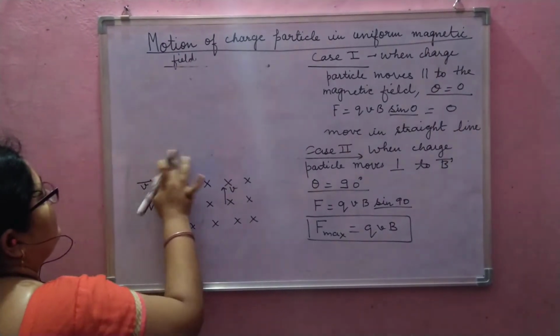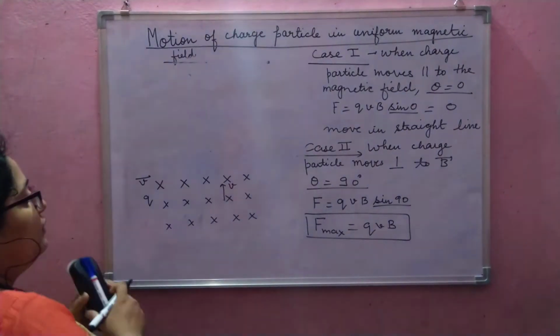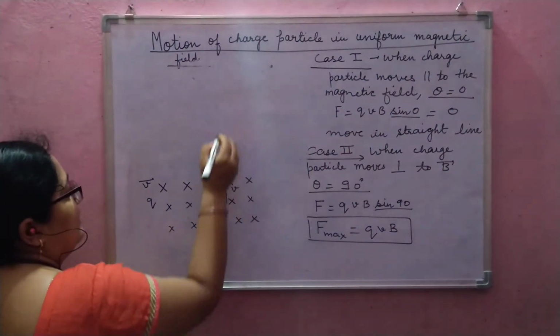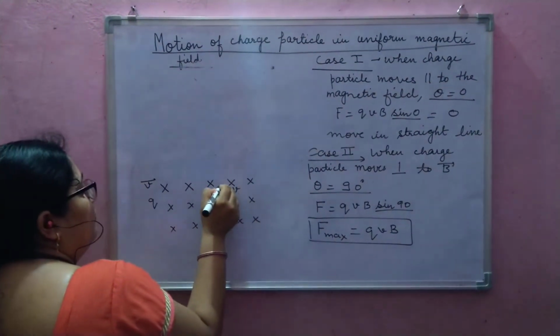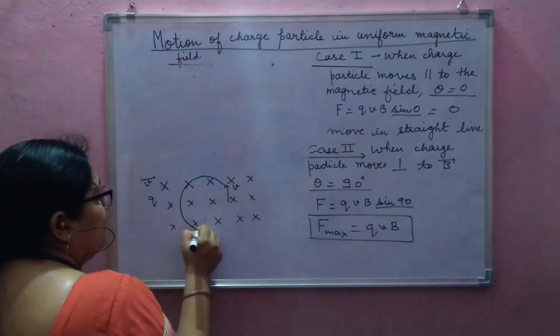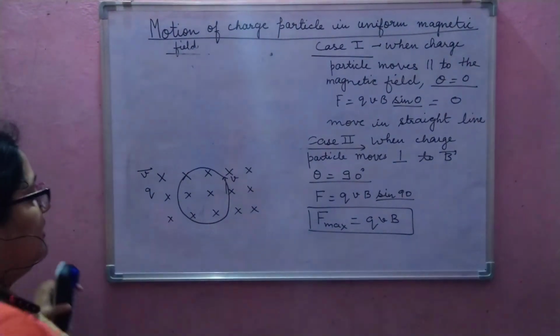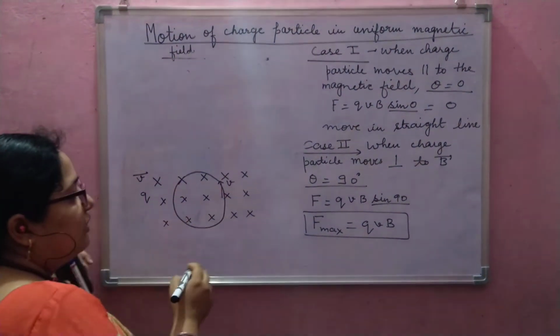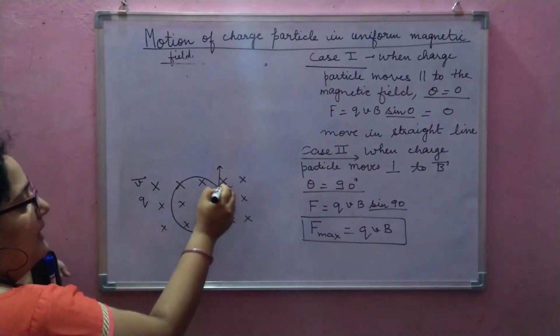A force will act on it, and due to this force, this charged particle, which is moving with velocity v, will move in a circular path. The direction of velocity is towards this side and the direction of magnetic field is perpendicularly inward.